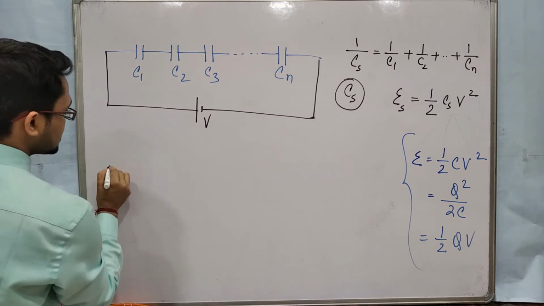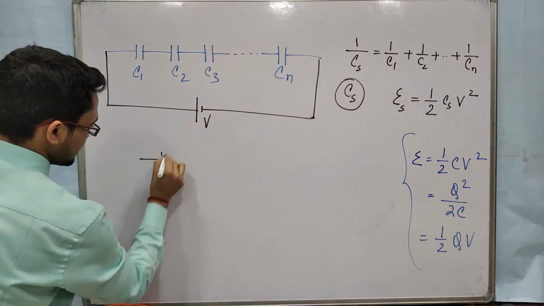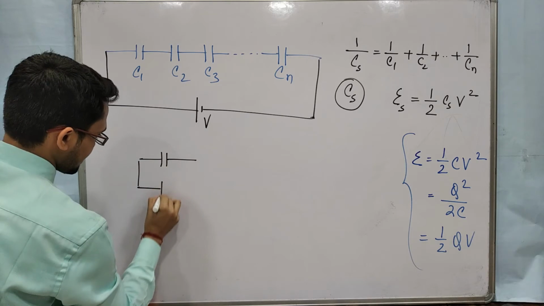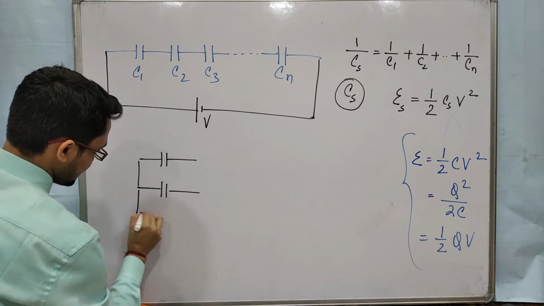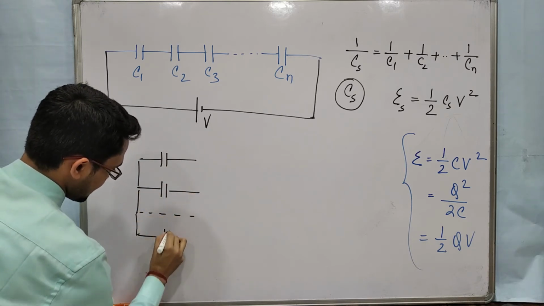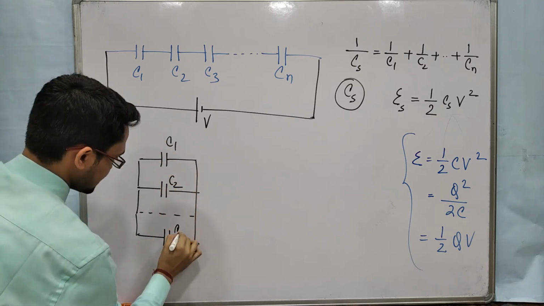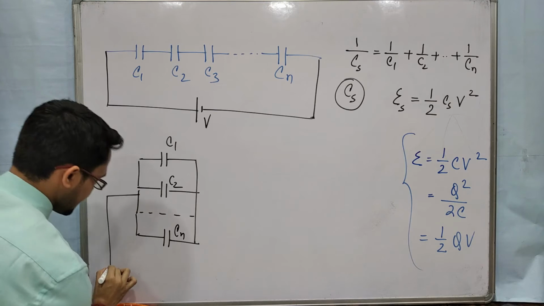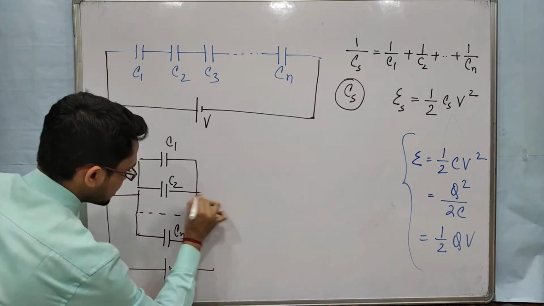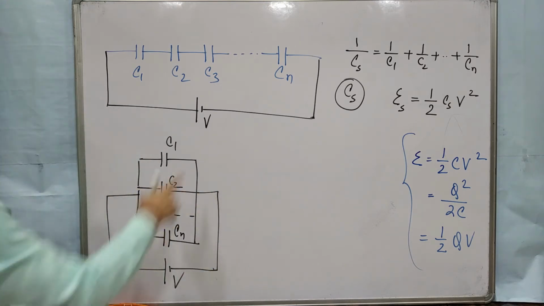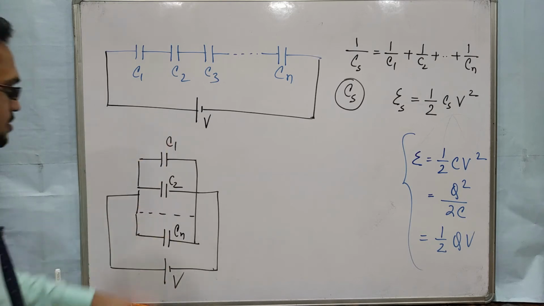Another combination, suppose you are taking a parallel combination of n capacitors, C1, C2, up to Cn, connected to the external source in this way. Suppose the external source V is the same.